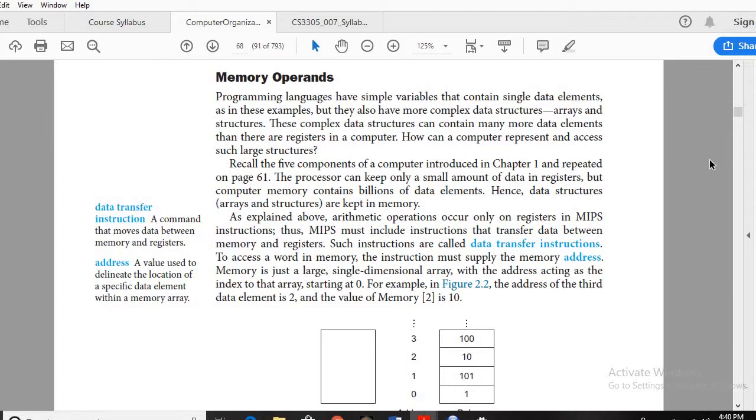The processor can keep only a small amount of data in registers, but computer memory contains billions of data elements. Hence, data structures, arrays, and structures are kept in memory. As explained above, arithmetic operations occur only on registers in MIPS instructions. Thus, MIPS must include instructions that transfer data between memory and registers. Such instructions are called data transfer instructions.